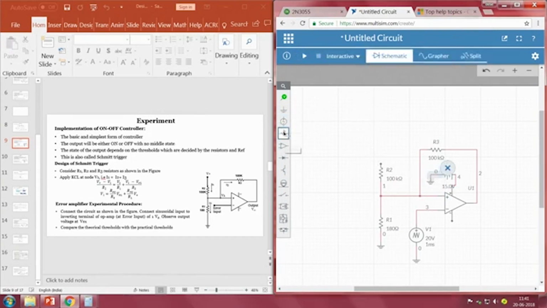I need another voltage source for the negative terminal, a negative voltage, and the value should be 15, and the other terminal should be connected to ground.